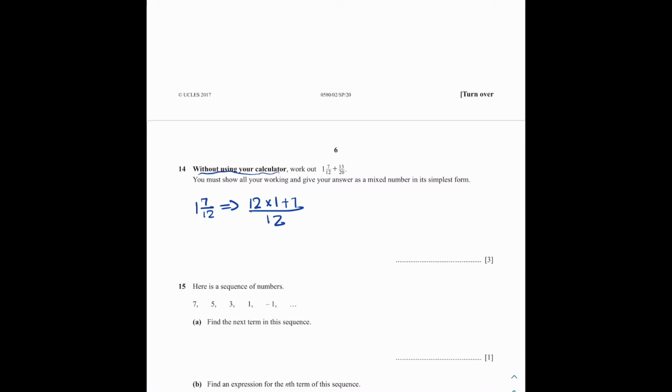One second, let me just make sure I'm doing this correctly. 1, 7, 12. Yeah, I was doing it correctly. So that's 19 over 12. So 19 over 12 plus 13 over 20. That's going to be 19 times 20 plus 13 times 12 divided by 12 times 20.